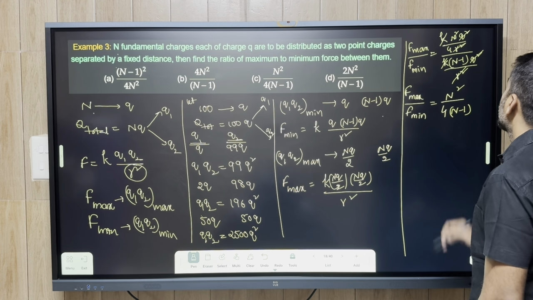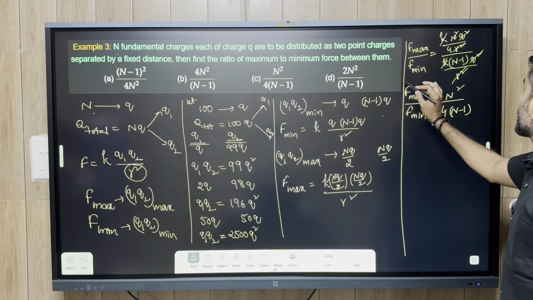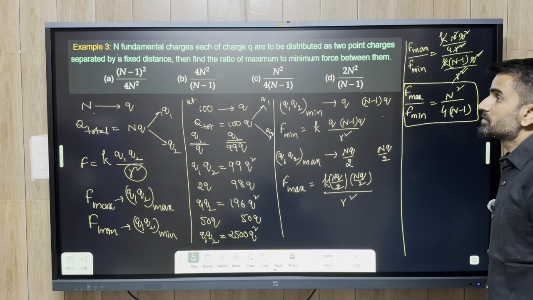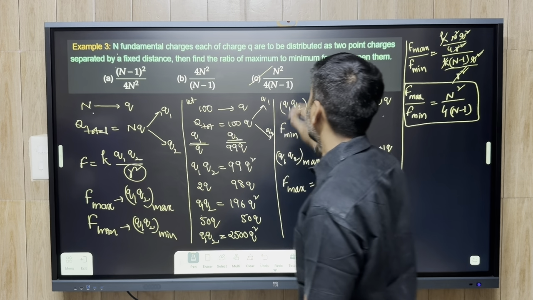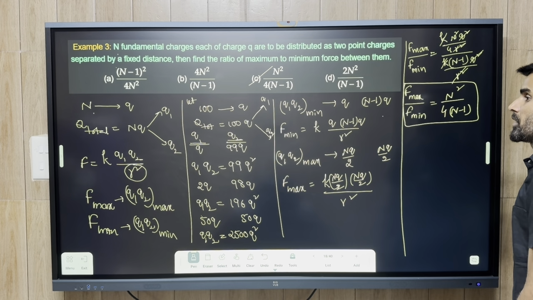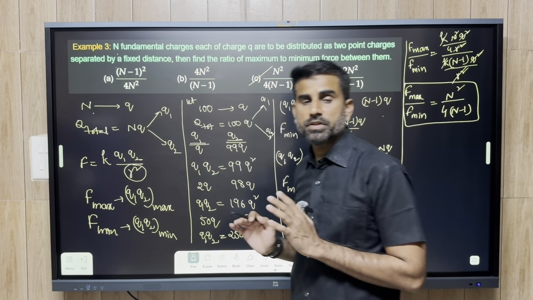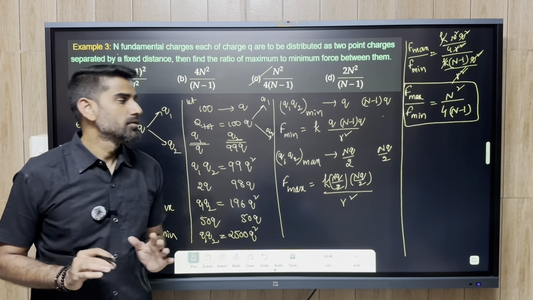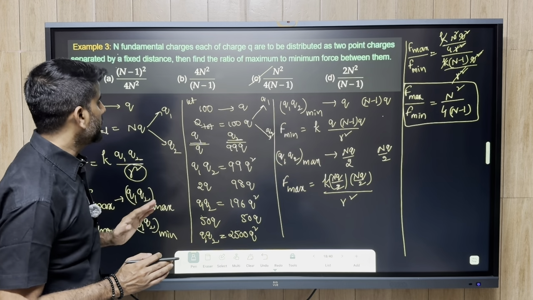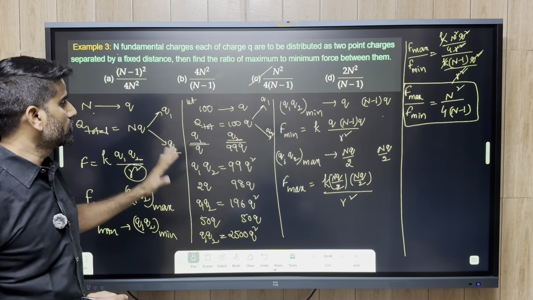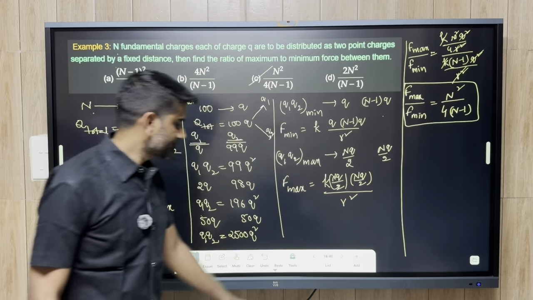So this will be our answer: n square by 4 n minus 1. Right, hope you have understood the solution of this question. It is a very good question. Hope I have explained it very well. If you still find any difficulty in understanding this solution, please comment below.